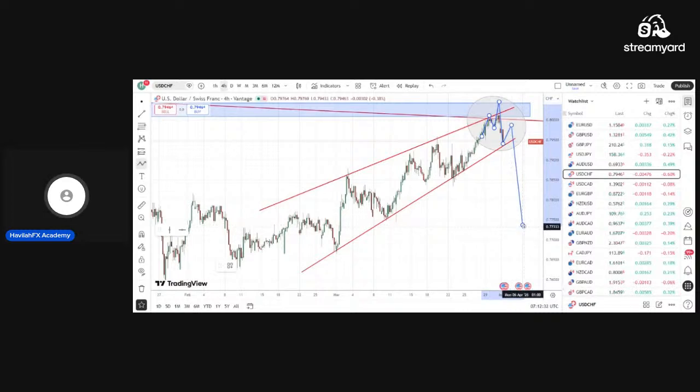But generally, we are only looking for a breakout when price breaks below the lower trend line. That's what gives the validity for our final bearish breakout. So we're very, very bearish on the USDCHF. And I want you to take note of that.